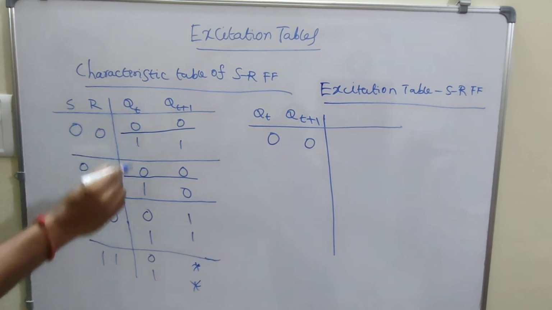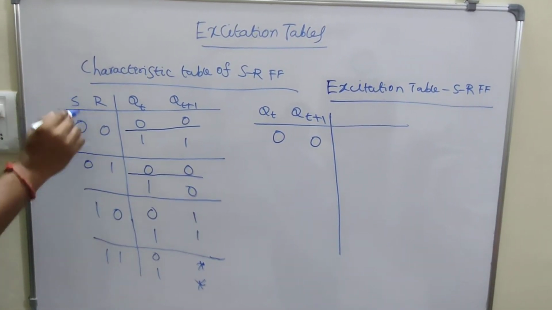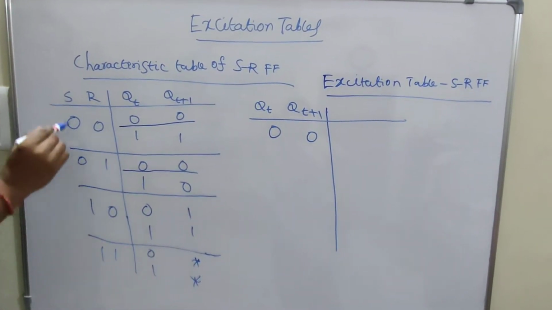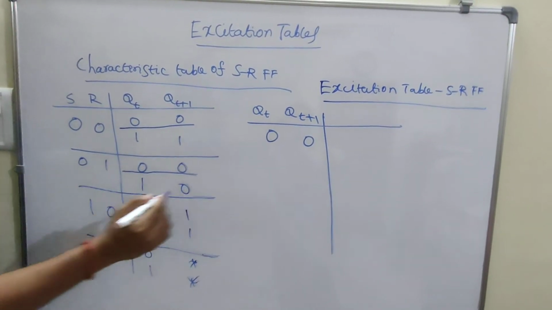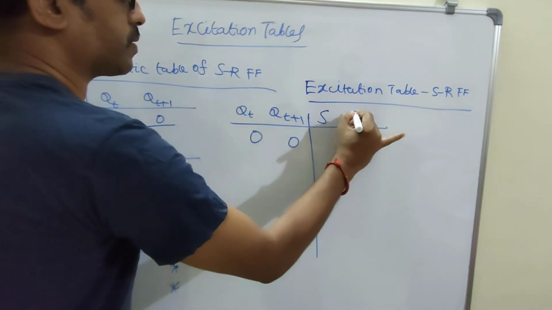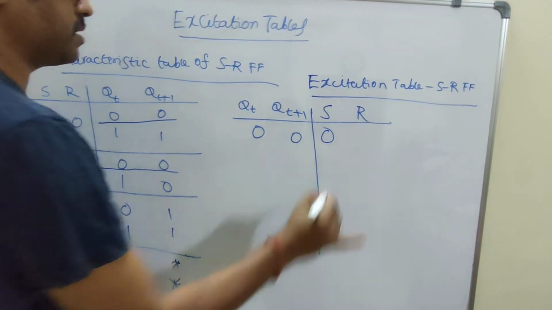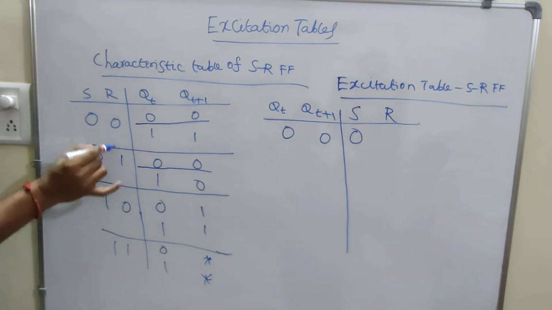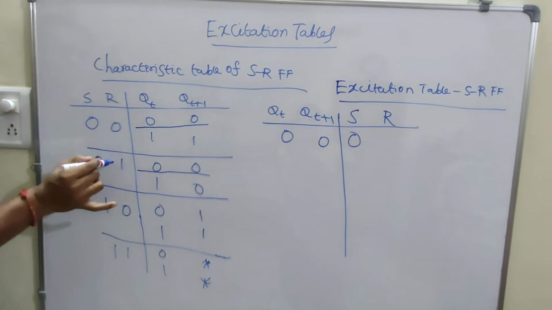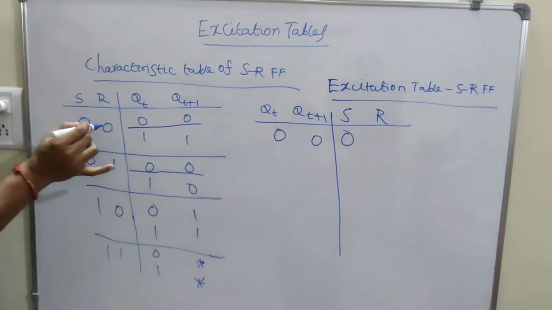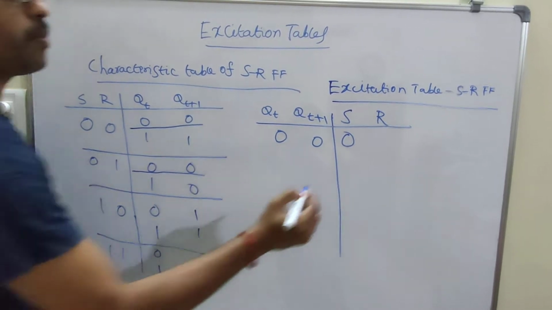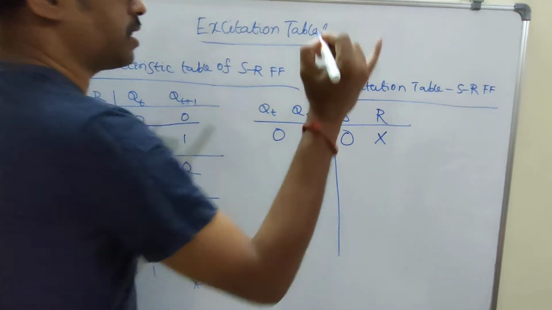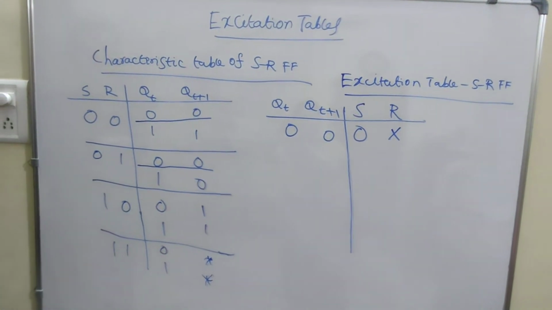Look at the value of S. It is not changing in both combinations, that is 0, so I am putting the value of S as 0. But the value of R is changing in both the combinations. In one it is 0, in the other it is 1. So I am putting the value of R as don't care, that is X.